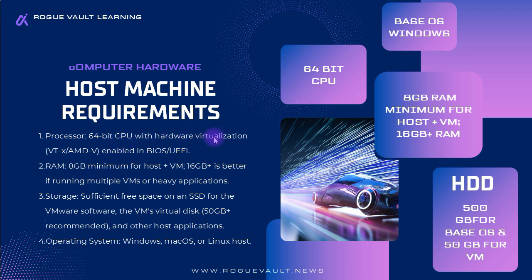You have to go into the BIOS and enable virtualization. First, you should have a 64-bit CPU, and the machine should support virtualization, VT-x or AMD-V, enabled in the BIOS. This is an option you have to separately get into the BIOS and enable.